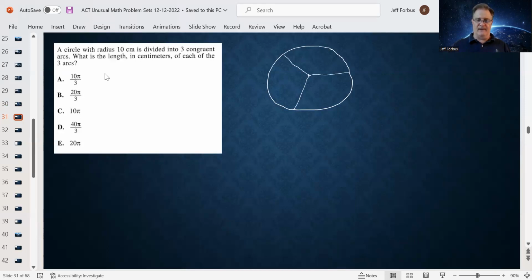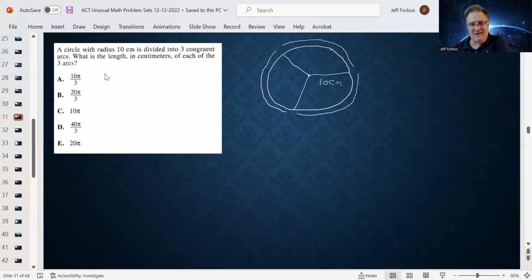That and that and that, they're roughly the same. And we know the radius is 10 centimeters. What is the length of each of the 3 arcs? So we want to know the length of the arcs here, from here to here, from here to here, from here to here. We want to know those arc lengths.